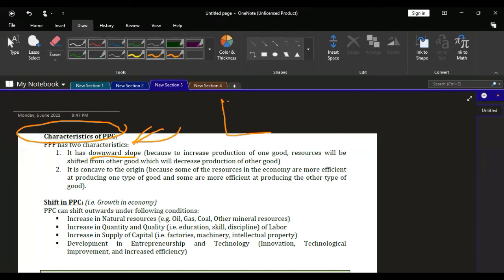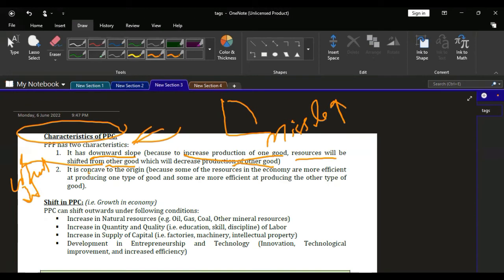A downward slope shows that an increase in the production of one good, that is missiles, means resources will be shifted from the other good, which is wheat, which decreases the production of the other good. In order to increase the quantity of missiles, you have to decrease the quantity of wheat as much as you could.